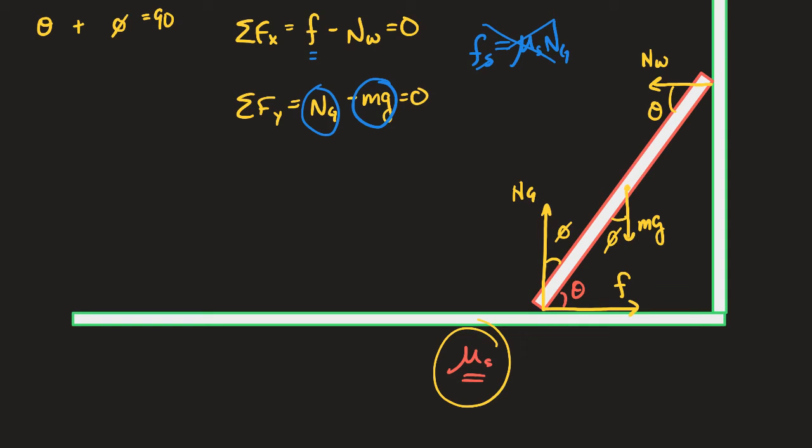And since we don't know the force from the wall, we're going to have to use torque to solve this question. So, I don't know that we need to redraw this, but where is a good place to put your pivot? Yes, ma'am. Bottom of the ladder.